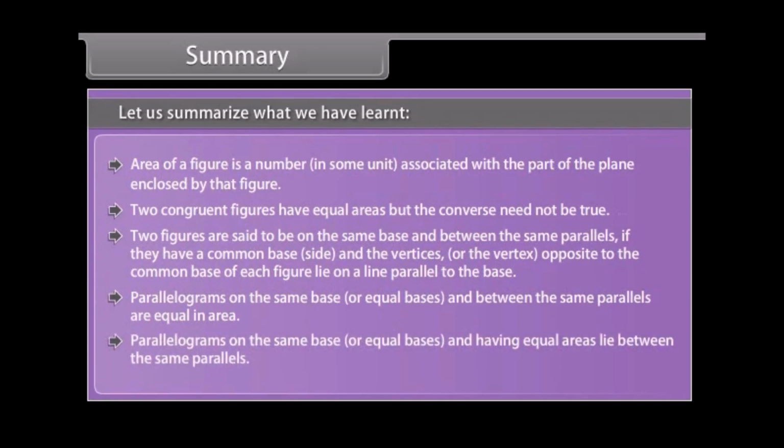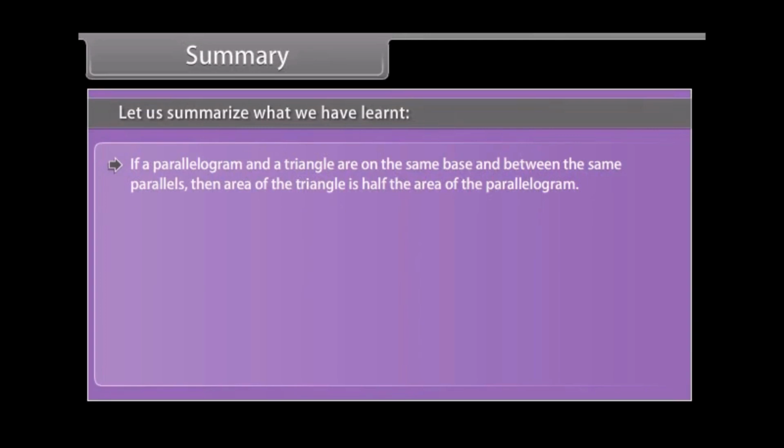Parallelograms on the same base or equal bases and having equal areas lie between the same parallels. If a parallelogram and a triangle are on the same base and between the same parallels, then area of the triangle is half the area of the parallelogram.